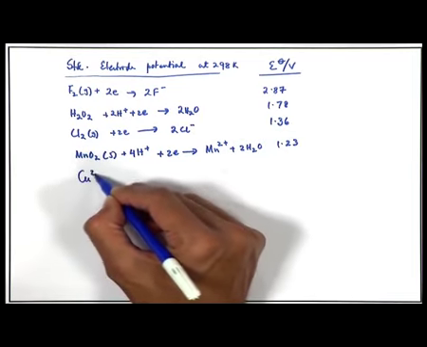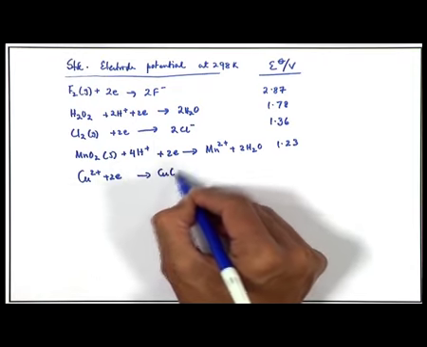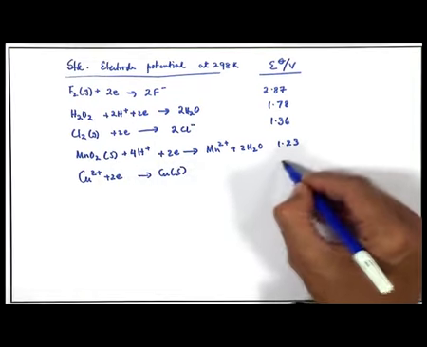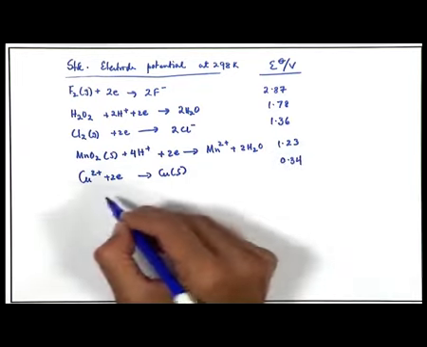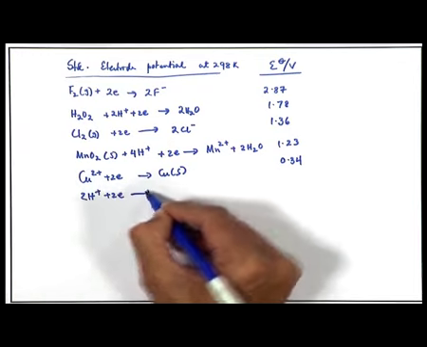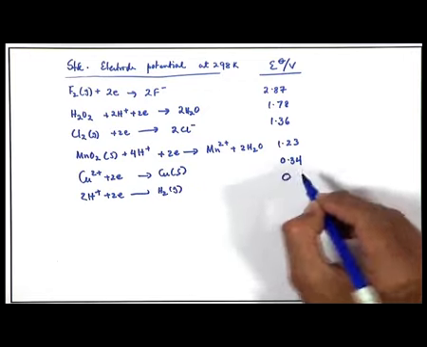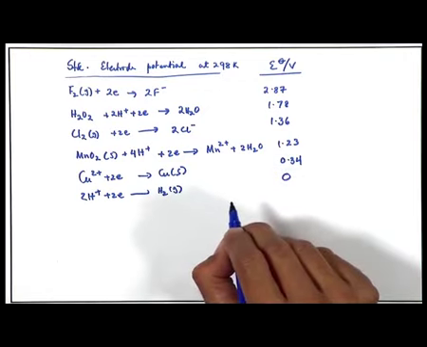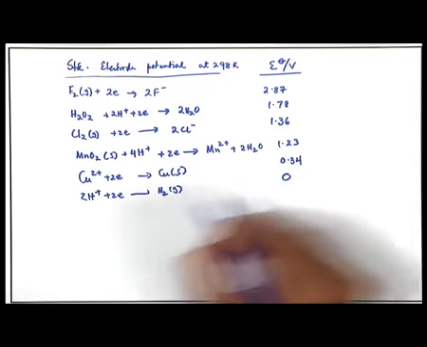Cu2 plus plus 2 electrons gives Cu solid, its value is 0.34. Okay. 2H plus plus 2 electrons gives H2, which is assumed to be, at all temperatures, at 1 bar pressure, equal to 0.